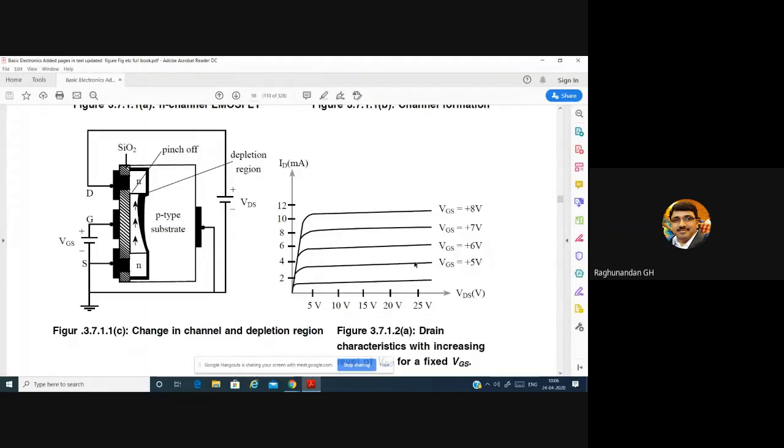When VGS is decreasing, current is also decreasing, because the accumulation of the electrons over this layer is decreasing. That's why.